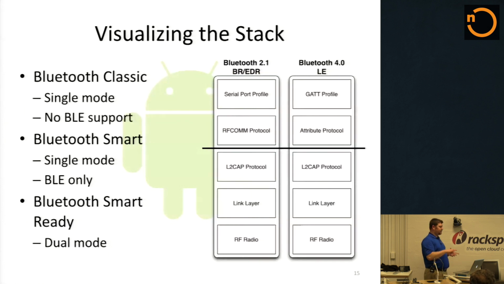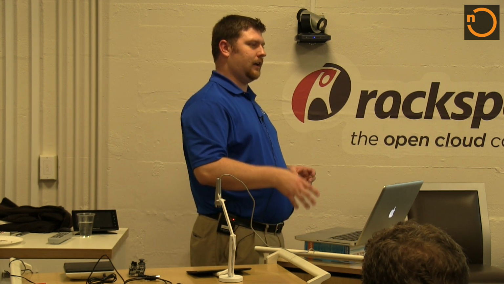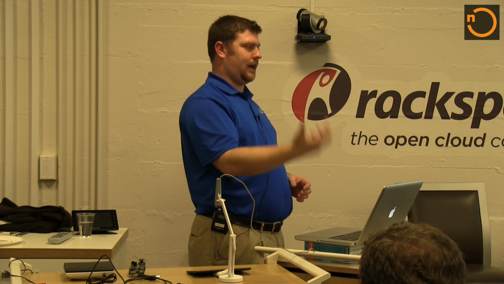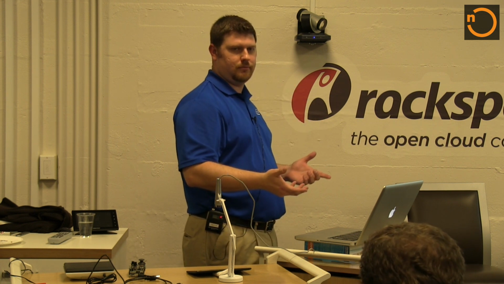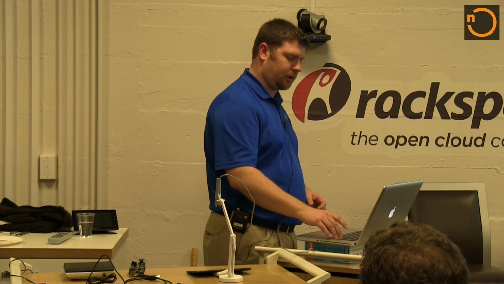If it's a Bluetooth Smart device, that means that it only supports Bluetooth 4.0, probably the BLE piece of that. Bluetooth Smart Ready means dual mode. So oftentimes, Android devices will be marketed as Bluetooth Smart Ready because they support classic Bluetooth and BLE on the same chip. So, something to keep in mind. Impress your friends at your next party with that one.